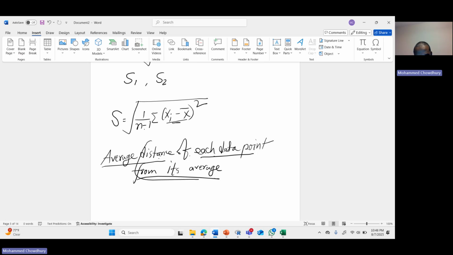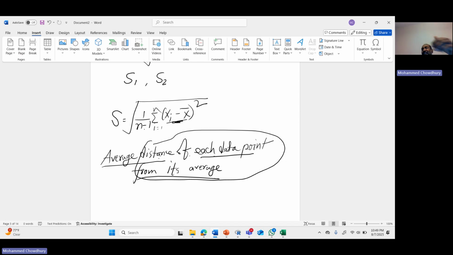So this part, distance of each data point from its average is this. I'm squaring it, I'm neutralizing it, and then dividing it by n minus 1. Even though I am summing n terms, I'm dividing it by n minus 1.